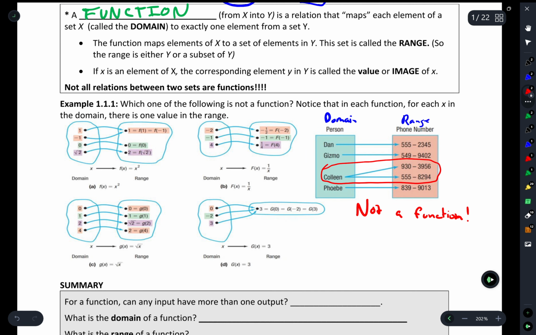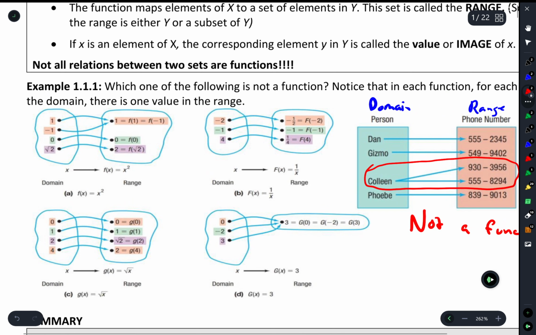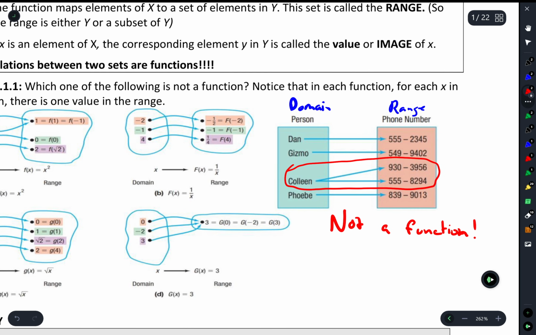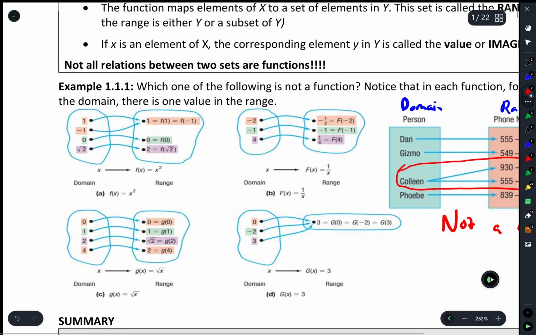Okay, now let's look at the other ones and let's see whether or not those are functions, or more accurately, let's see why they are functions. Again, the one rule that you need to follow for a function is that any value in the domain must be mapped to only one unique value in the range.